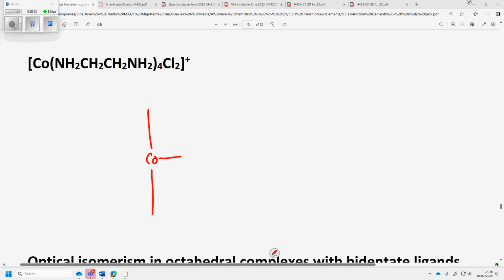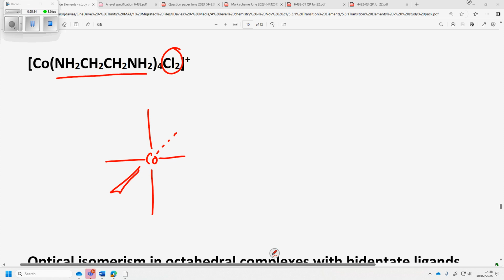What would I do? Well, first of all, I put the bonds in so that I've got my octahedral structure. I've got two chlorines. They're monodentates. They form one dative covalent bond each.